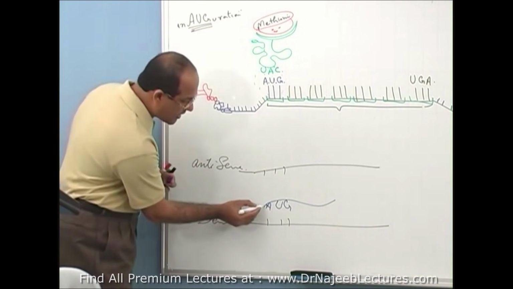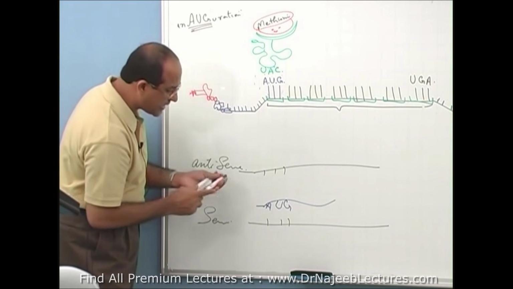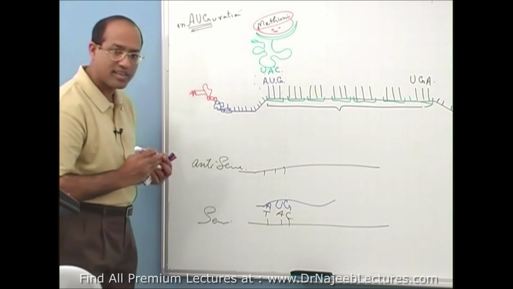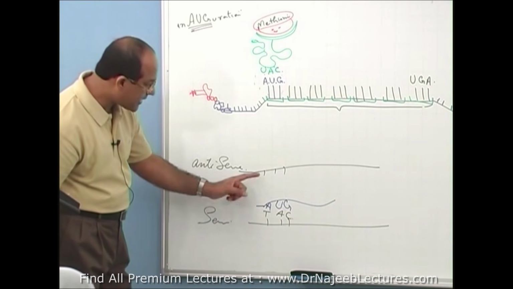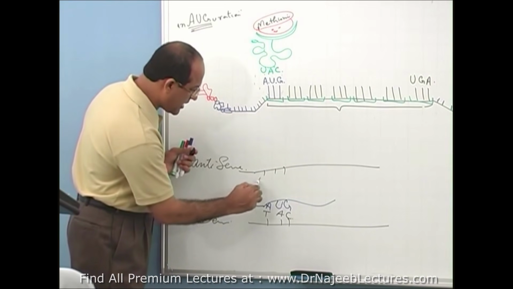If this RNA was having AUG at this point, then what was present in DNA? TAC. Is that right? So this was the template. And in the anti-template, what was present there? ATG.